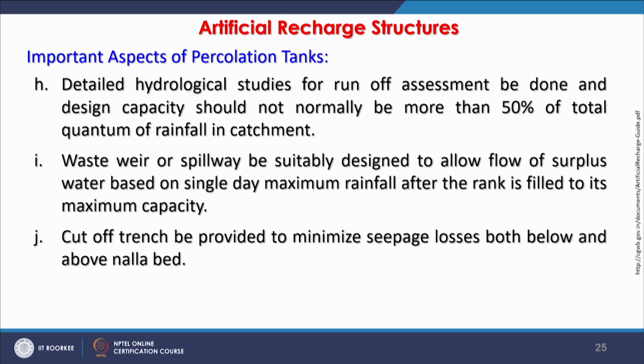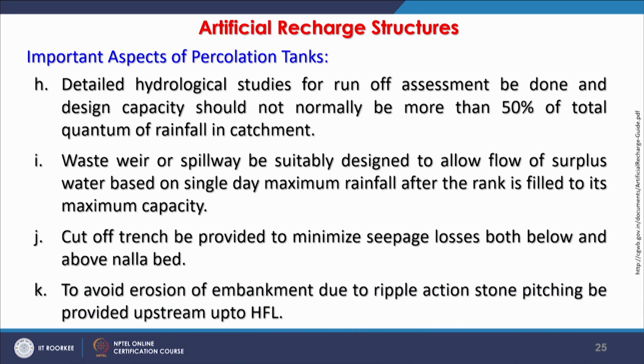There can also be cut-off trenches provided to minimize seepage losses both below and above the nala bed, and to avoid erosion of the embankment, which is a big concern. As I have said, not only does siltation happen, not only does encroachment happen, but sometimes the erosion of the bank also creates problems.